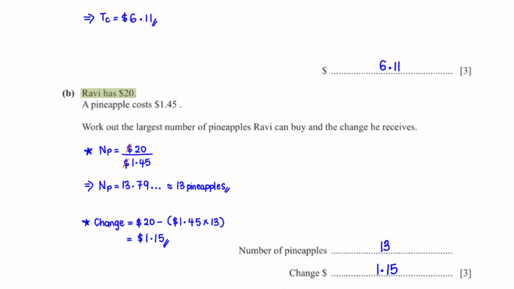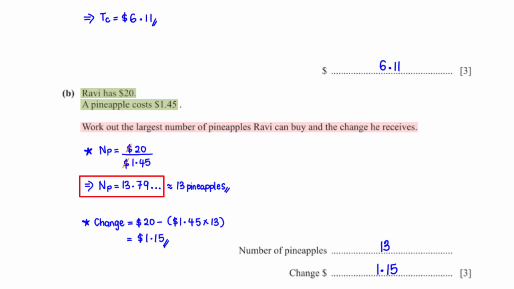Ravi has $20. A pineapple costs $1.45. Work out the largest number of pineapples Ravi can buy and the change he receives. To get the number of pineapples Ravi can buy, we divide the amount of money Ravi has, which is $20, by the unit cost of a pineapple, which has been given to us as $1.45.